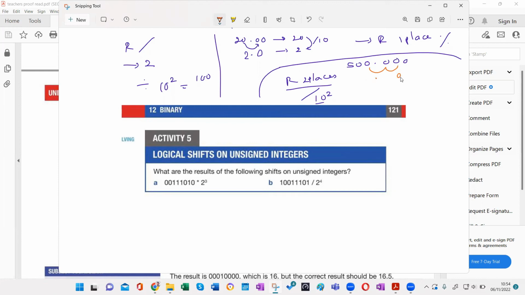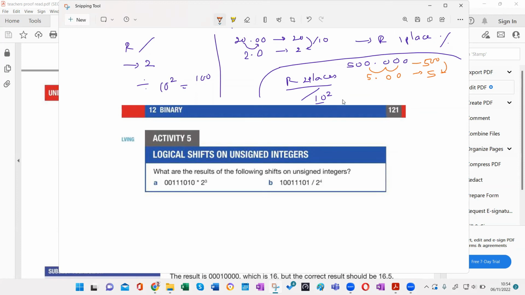Now 0 is there, and there should be another 0. It comes here, and then 5 should be there. So 5 comes right here. Now you see this was 500, and this was 5. So 500 got divided by 100, and the answer is 5. Is that clear?